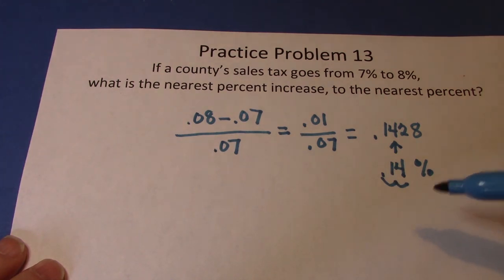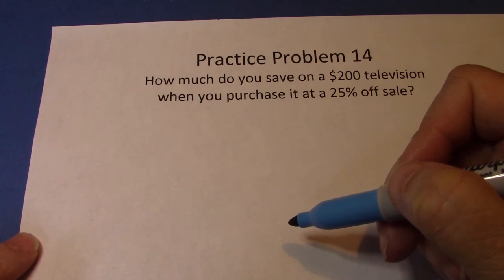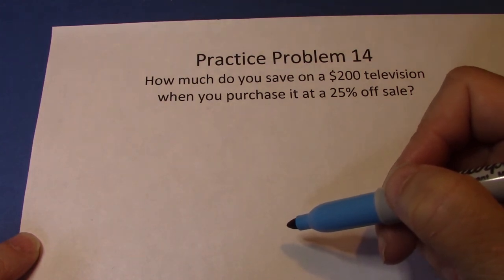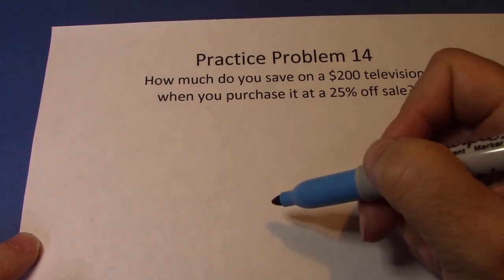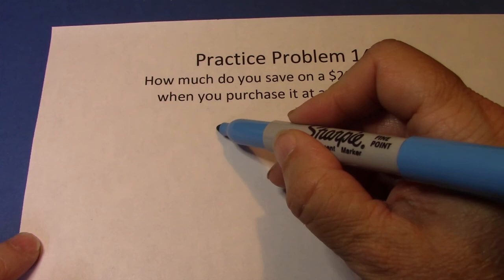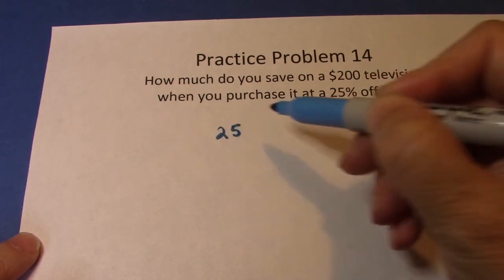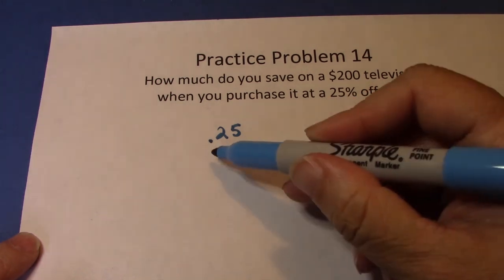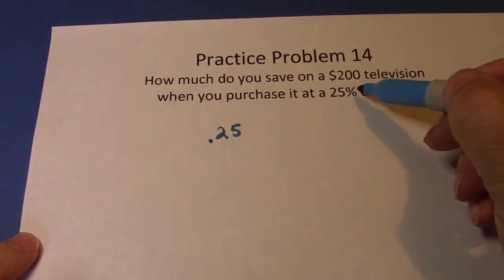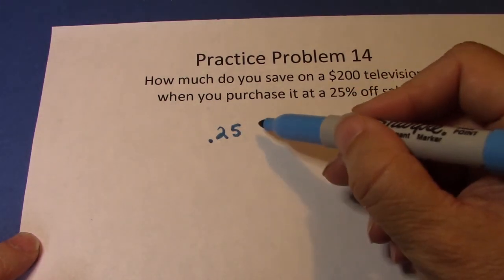Finally, problem 14. How much do you save on a $200 television when you purchase it at a 25% off sale? So 25% off means that we're going to take that much subtracted from the original price. So we need to know what 25% of 200 is. 25% is written as a decimal as 0.25, taking this off, moving it 2 places to the left.